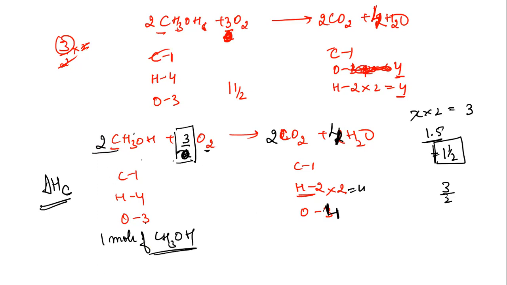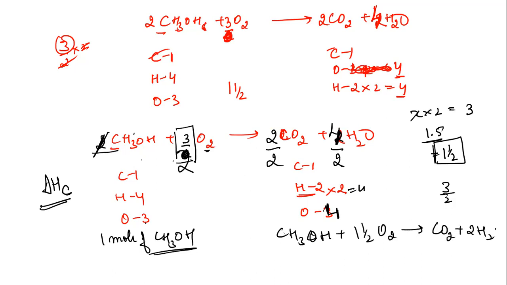But here, as per the balancing, we got 2. So again, to make it 1, divide by 2. You will end up getting CH3OH plus 1.5 O2 gives you CO2 plus twice H2O.